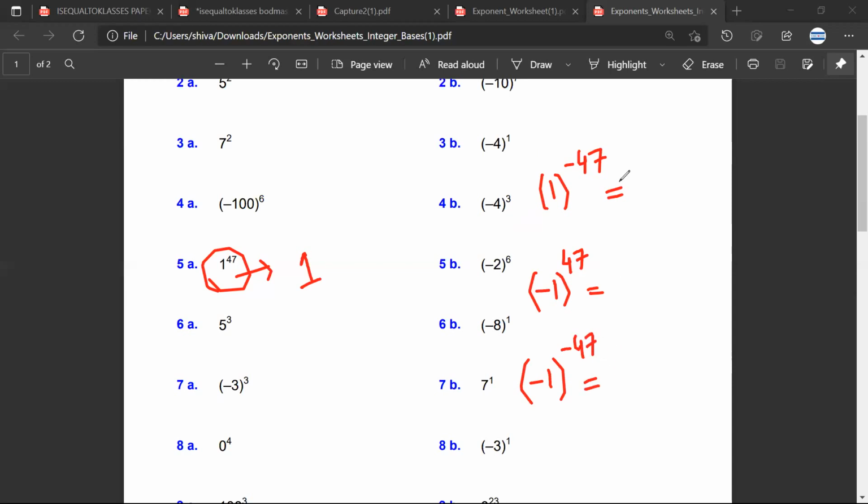So what would this be equal to? So 1. What would this be equal to? 1. This is odd. So the answer would be negative. Any doubt? No, sir. What would be the answer for this?